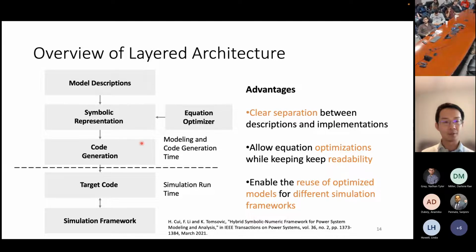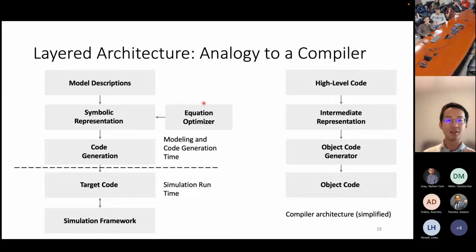Looking at those symbolic representations, we can reuse those optimized representations for different simulation frameworks by swapping in the desired code generator. So the idea here is analogous to a compiler for computer programs.